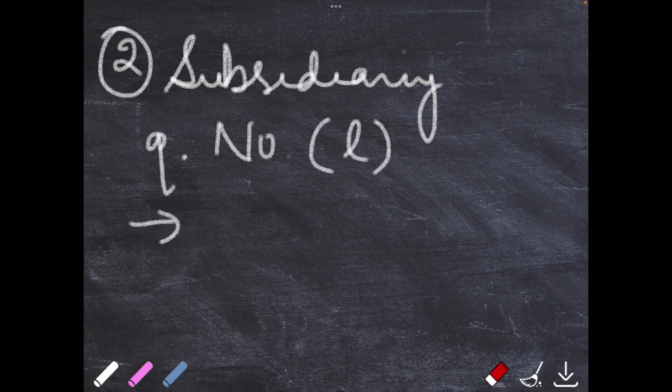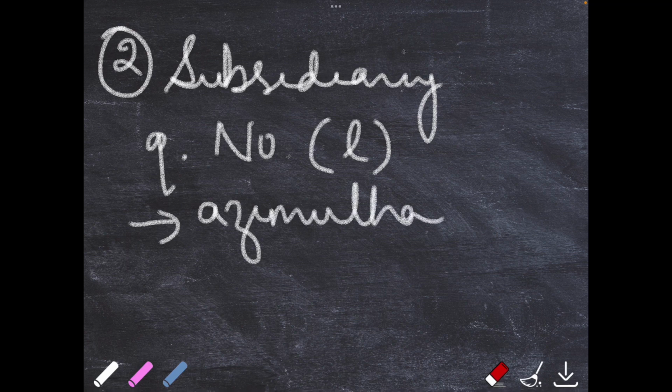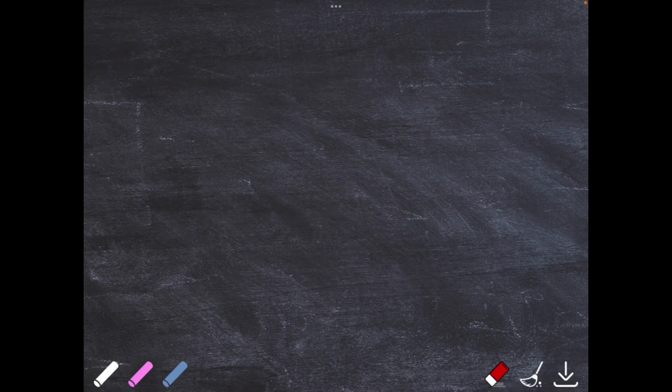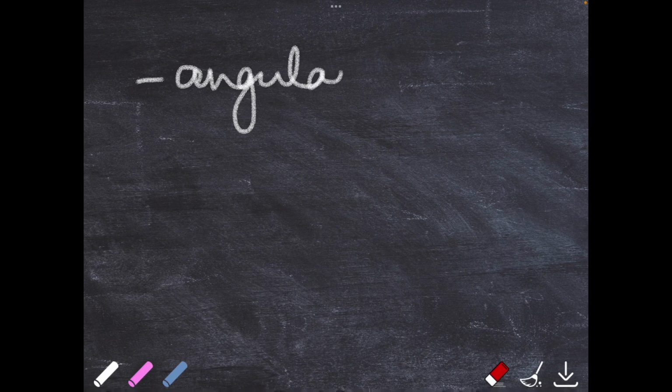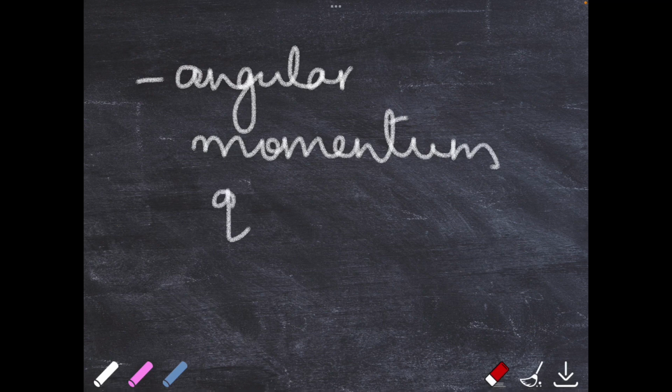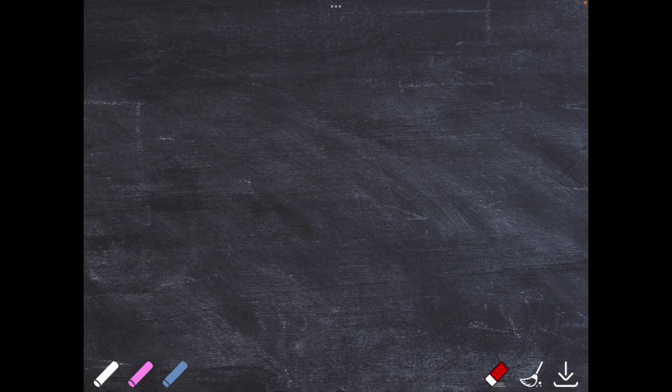It is also called the azimuthal quantum number, also called the angular momentum quantum number, and this arises from the fact that the electron is revolving in a circular or an elliptical orbit.